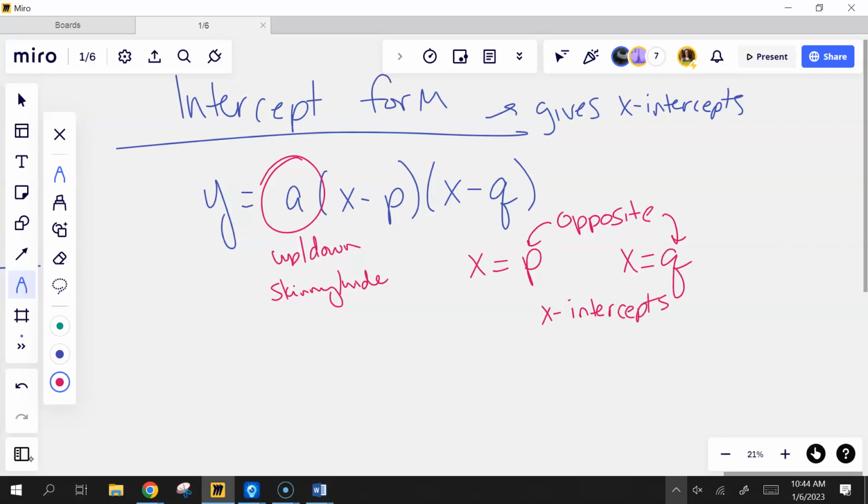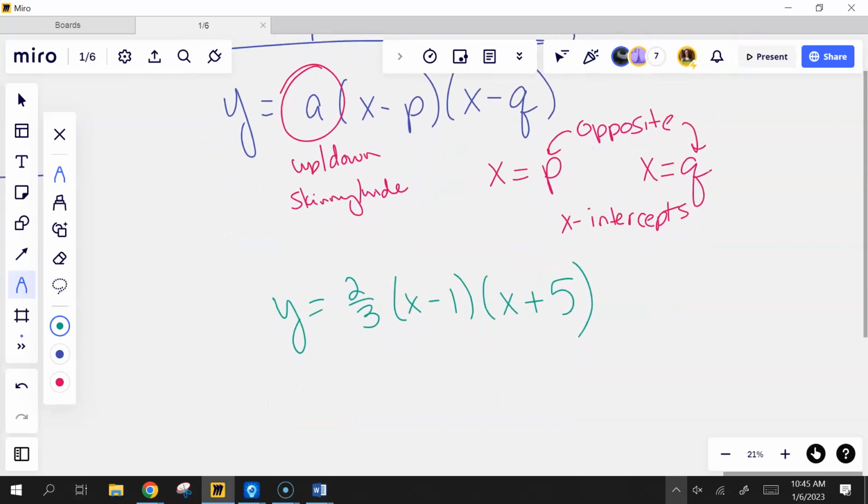It is where the parabola crosses the x-axis. So, for example, in the green equation here, where would my parabola cross the x-axis? +1 and -5.